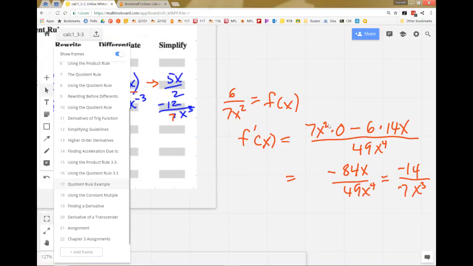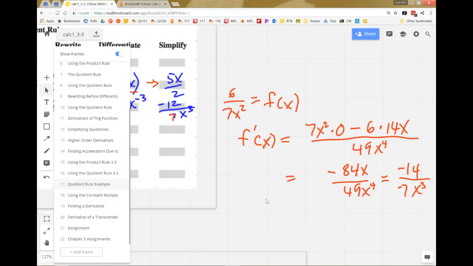That drops out. Negative 84x over 49x to the fourth. And then when you reduce, I'm going to have to check, but I got negative 12 over 7x cubed, and here it looks like I got negative 14 over 7x cubed.